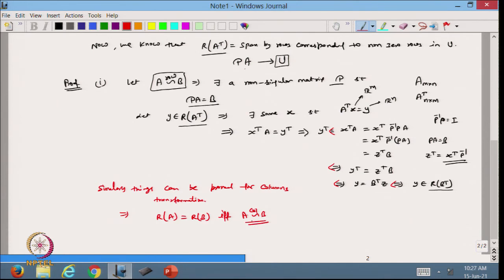We can also take the transpose of A and B, and then do the row operations, and similar things will come. So, this is the proof we can have.